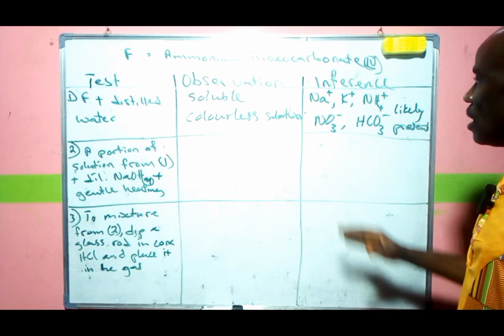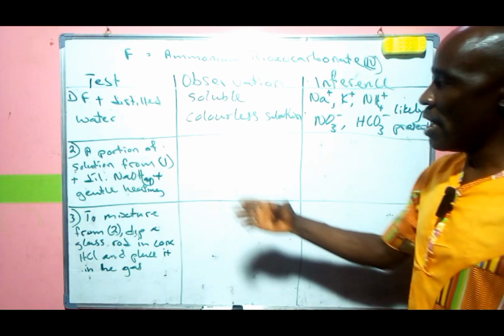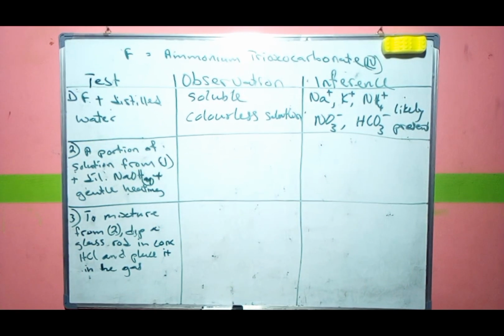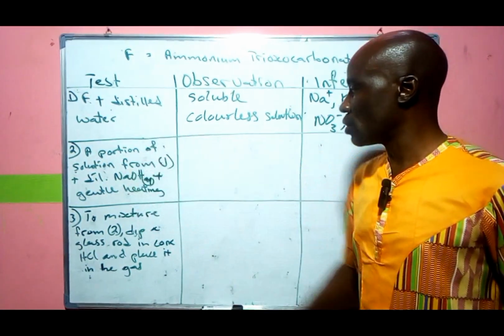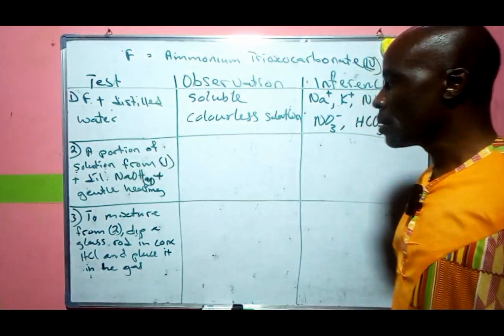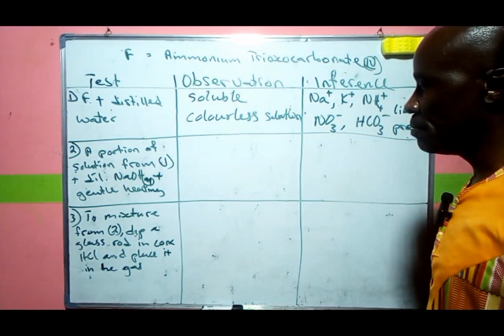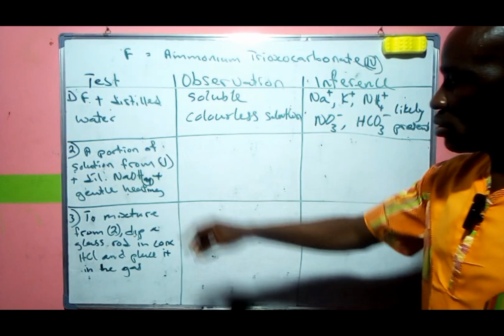Now, having done that, in order to test for the F in question, take a portion of the solution of this F. In order to continue our test, you add dilute sodium hydroxide plus gentle heating.